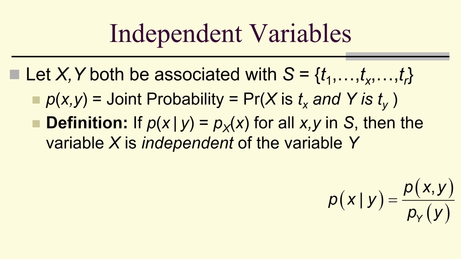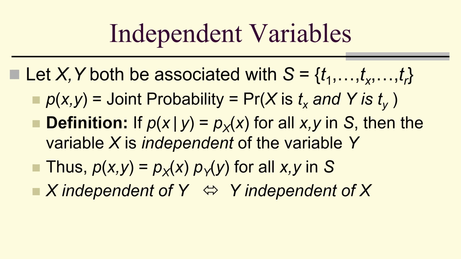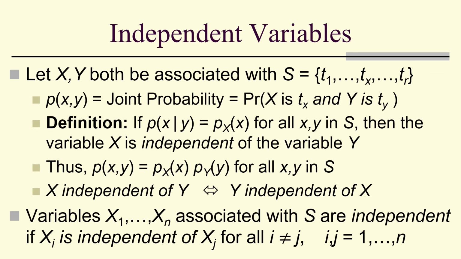So here's our definition of conditional probability. There's our definition of independence. Notice that p of xy is therefore the product of the marginal distributions of x and y respectively. Notice that x is independent of y only if y is independent of x.